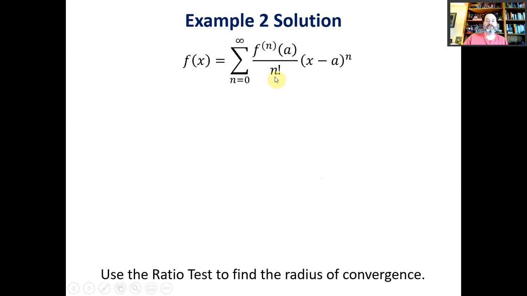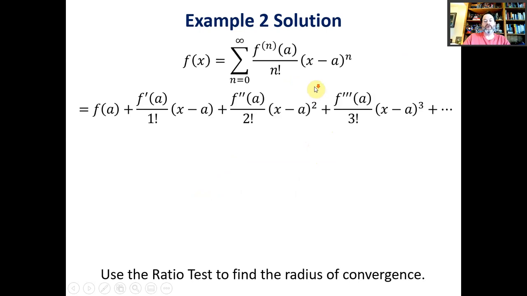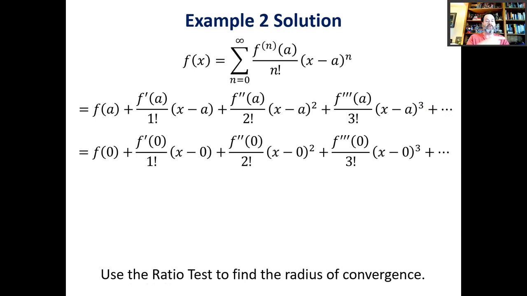So here's our formula. So f^(n) of a, that's this. A in this case is 0. So every other term is going to go away. I just wrote out the function, all expanded it. We know a is 0, so everywhere I see a, I plug in 0.